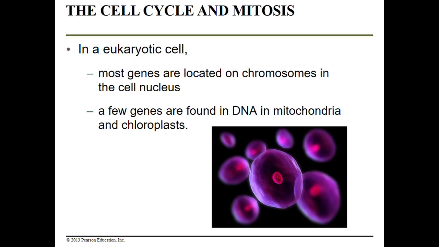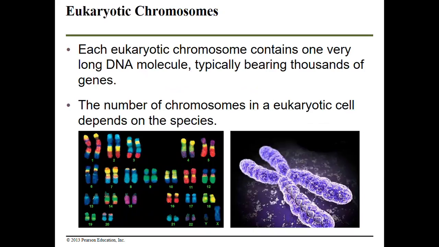In a human eukaryotic cell, the genes will be in chromosomes in the cell nucleus, and that is what we'll focus on. So each chromosome is made up of DNA, and when DNA is in the form of a chromosome, it's really compact.